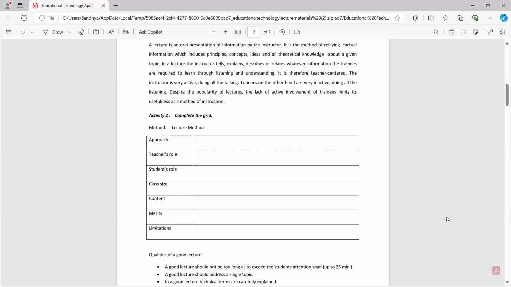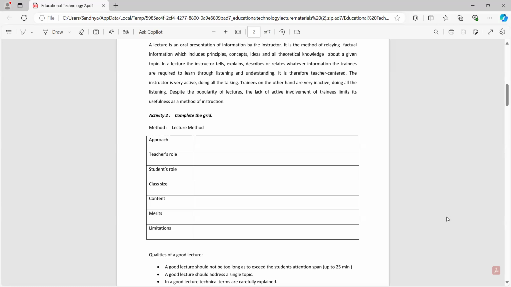When you get the students to discover, they actually go out of the topic and main areas, which is very difficult. Is it okay? Do you understand? Yes, ma'am.